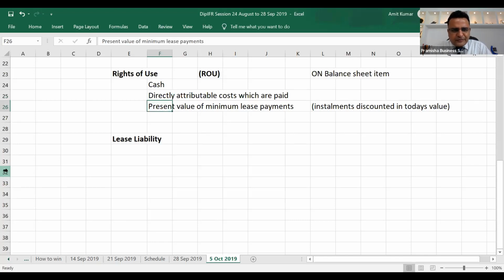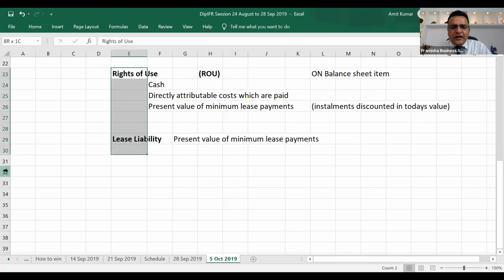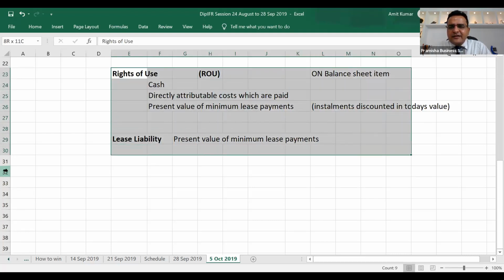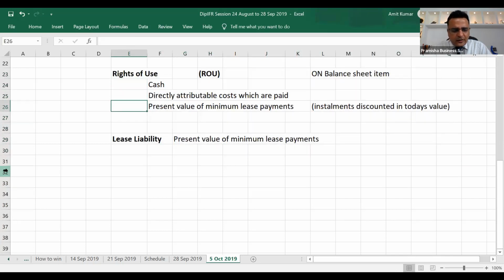All these together will constitute the right of use on the asset side, and on the liability side there will be only one line, the present value of minimum lease payments. So it's not at all necessary that these two amounts are going to be the same.